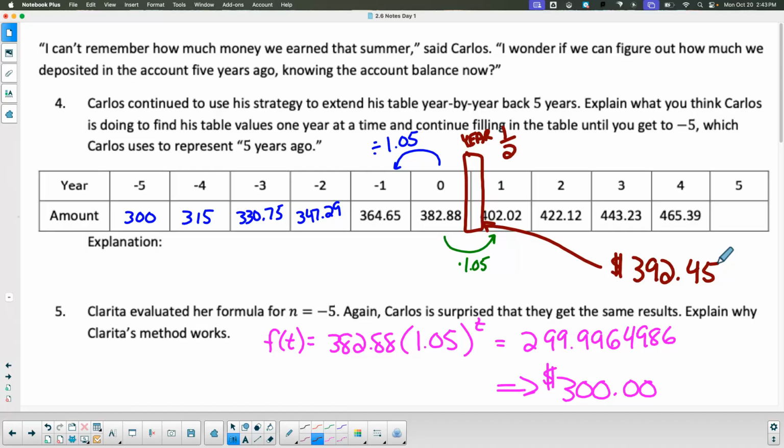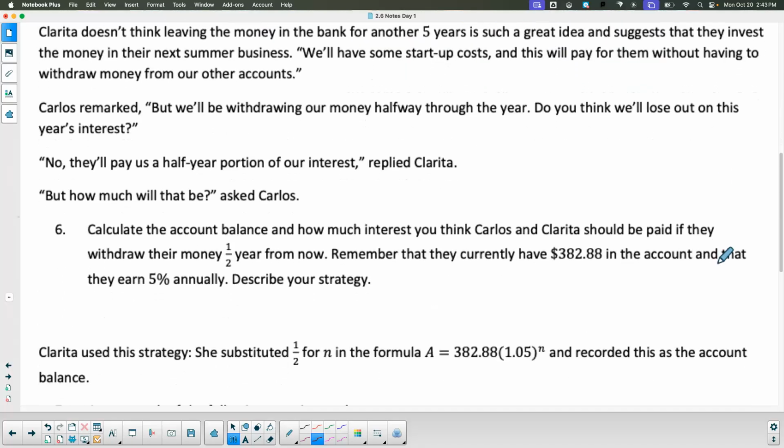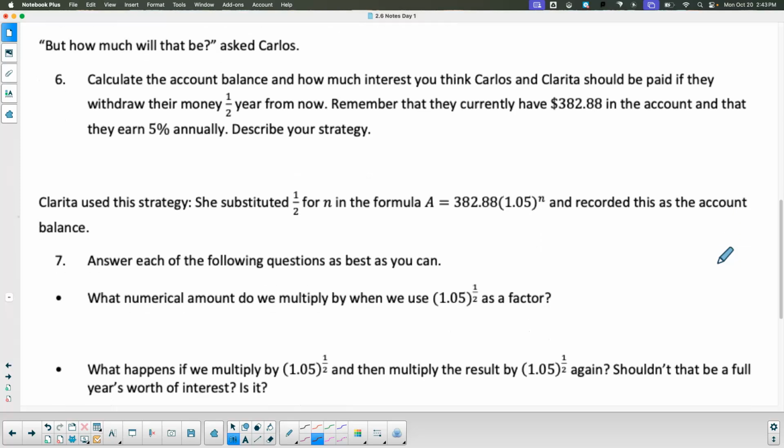Now let's try what Andrew just said with putting a half into Clarita's formula. So right here is Clarita's formula. We're going to plug in a half here.